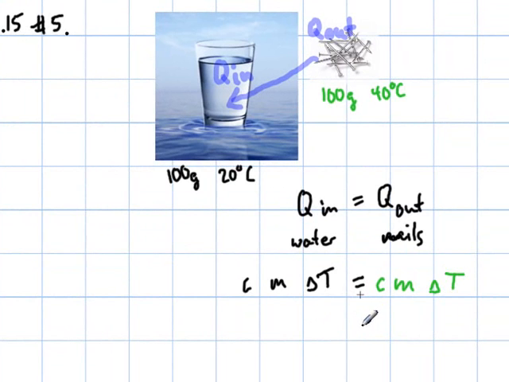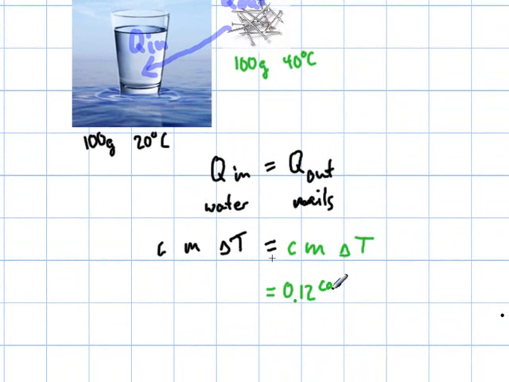Okay, some numbers are given, such as the specific heat of iron is 0.12 calories per gram and Celsius degrees.